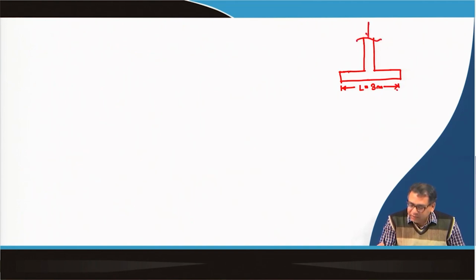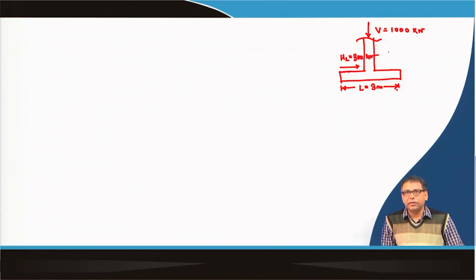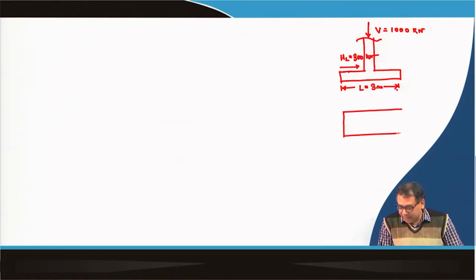There is a vertical component of the load, which is 1000 kilonewton, and there is a horizontal component of the load H L, which is say 300 kilonewton, and which is parallel to L, because this is the L direction. If I go for the plan of the footing, this is the length direction L, which is 3 meter, and this is the width direction B, which is 2 meter.